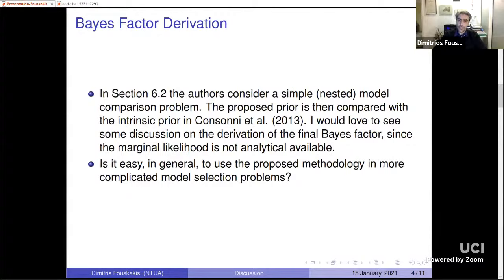The authors in section 6.2 of the paper consider a simple nested model comparison problem, and they make a nice comparison of the proposed prior with the intrinsic prior as presented in a nice paper by Guido and the rest of the people in 2013. So I would like to see some more comments on the derivation of the Bayes factor, but also what's happening in more complicated cases.